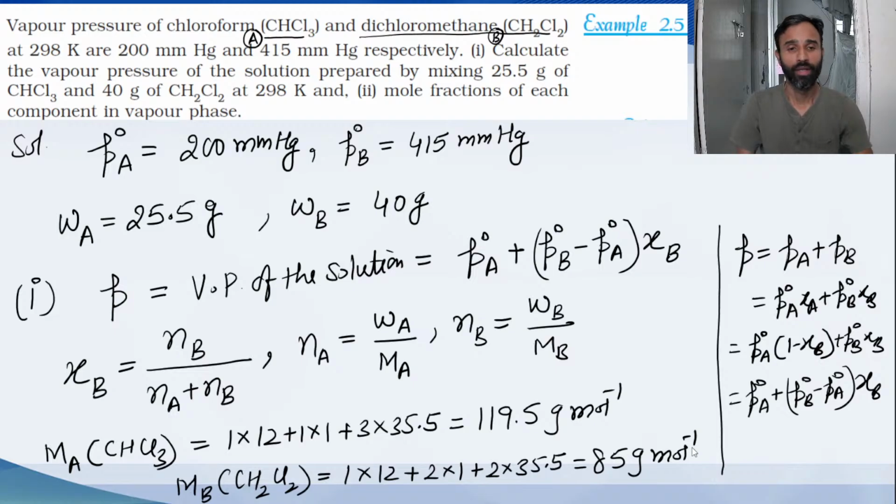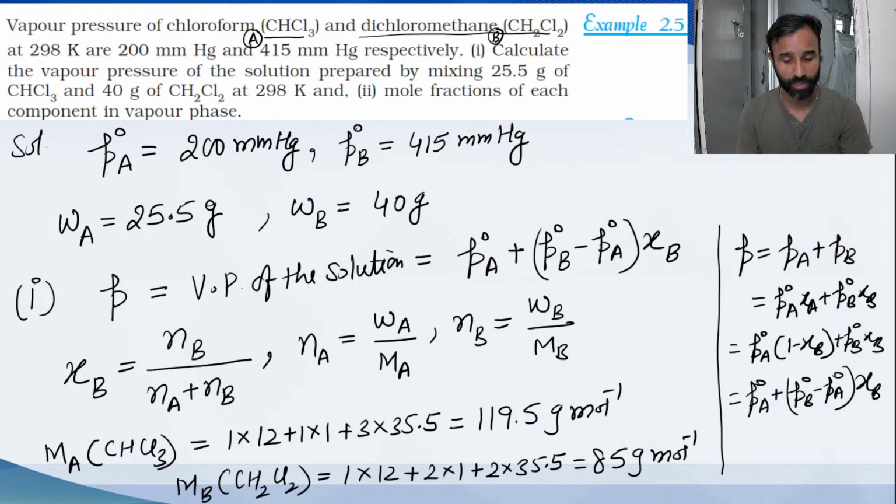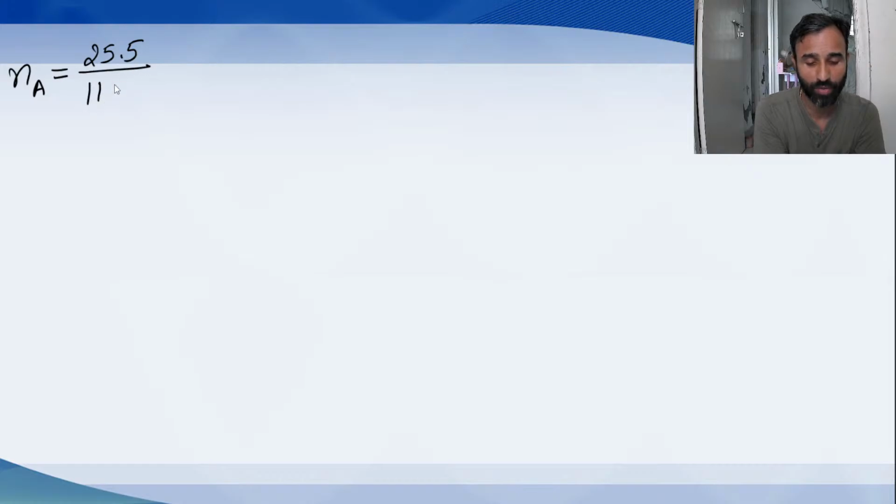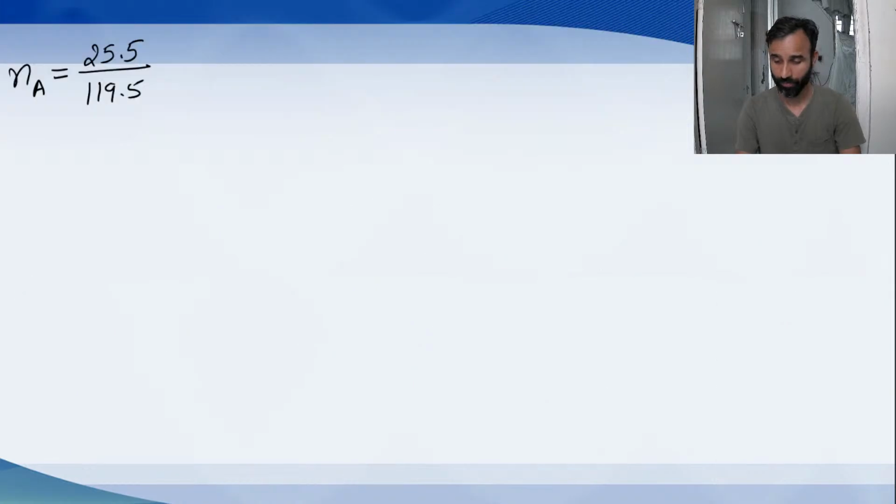Right? So now MA and MB we have, WA, WB we have. So just go back now. Calculate NA. So NA equal to WA. What is WA? 25.5 divided by 119.5. Okay.